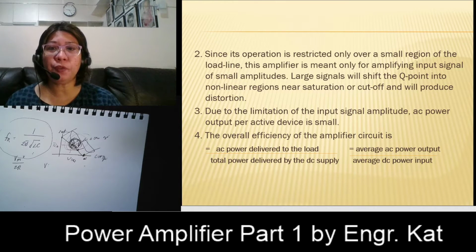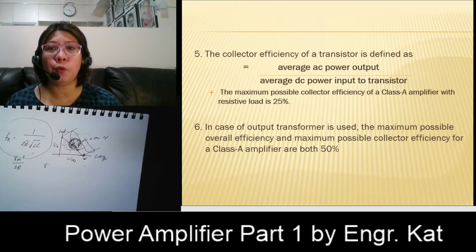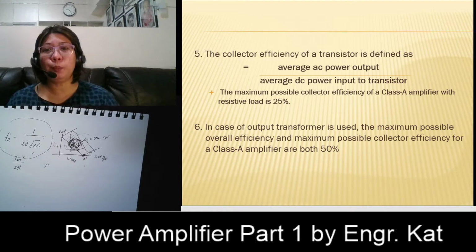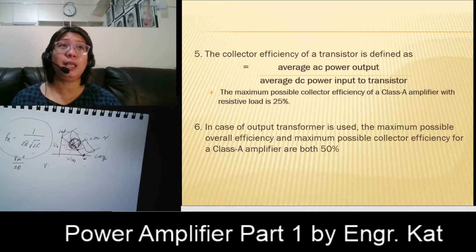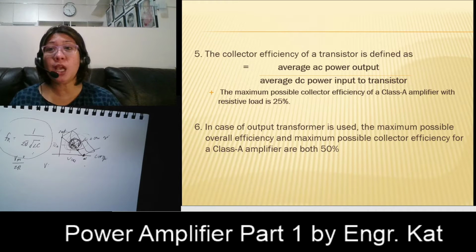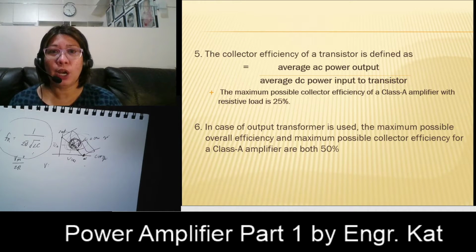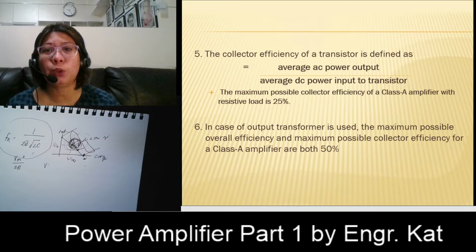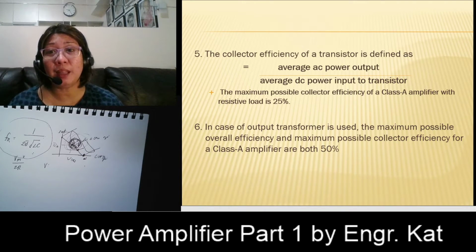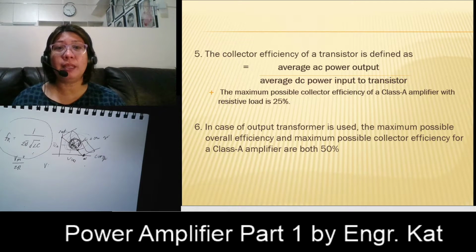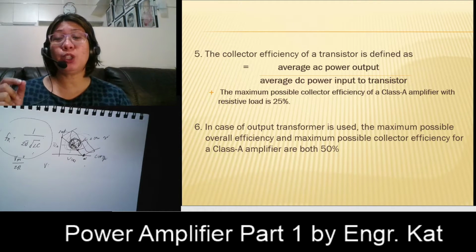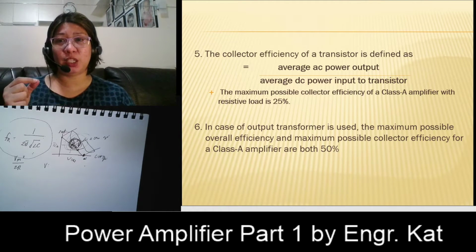Aside from the overall efficiency, we also have what we call the collector efficiency. The collector is where your output is being taken. If you have a transistor in a common emitter configuration, the output is of course at the collector. So the collector efficiency of the transistor is defined as the AC power output that was produced divided by the DC power input that is already within the transistor itself.